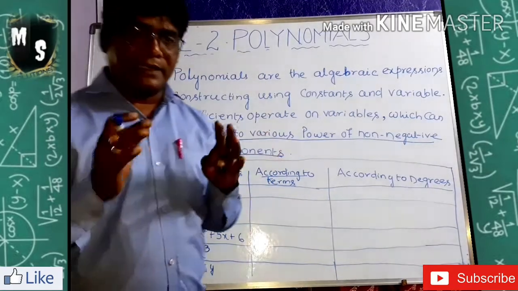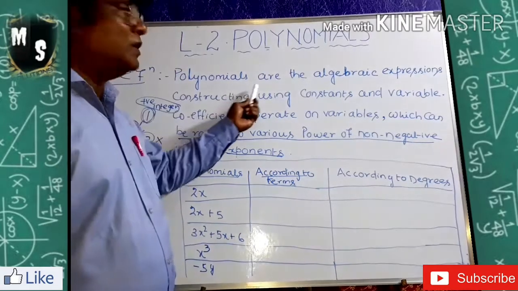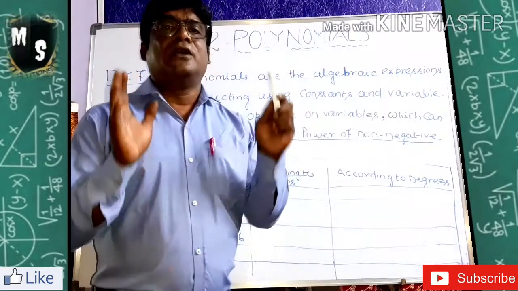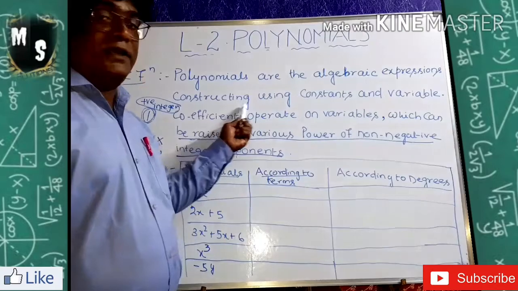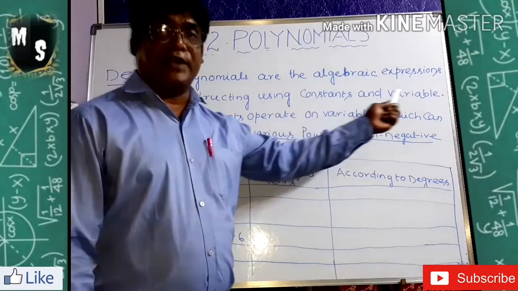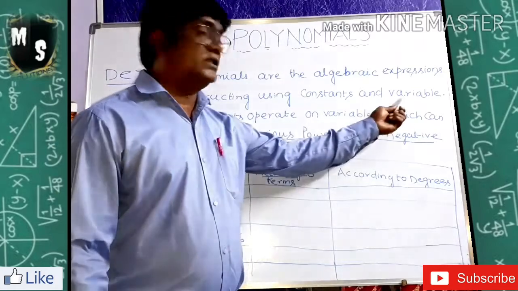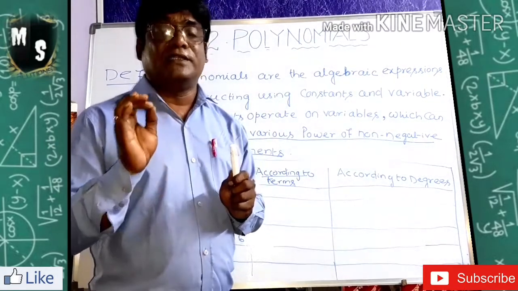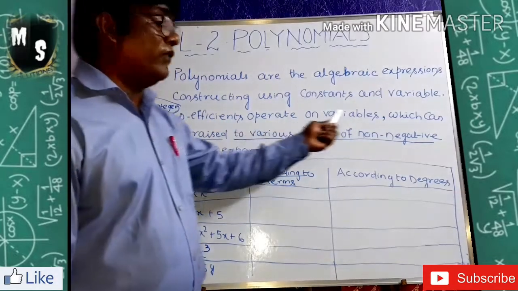So again, read clearly. Let's go for it. Polynomials are the algebraic expressions. They are the algebraic expressions constructed using constants and variables. Constants, pure numbers. Variables, English alphabet unknowns, small letters, small a, b, c, d, like this up to z. Coefficients operate on variables.